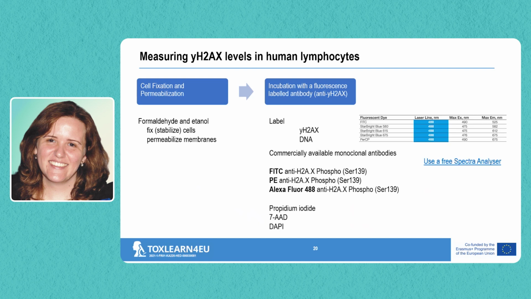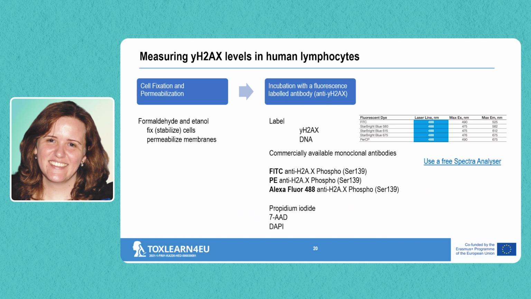But as I was saying before, when you choose any of these reagents, you need to make sure that your cytometer has the right laser and has the right filters to use it, okay?